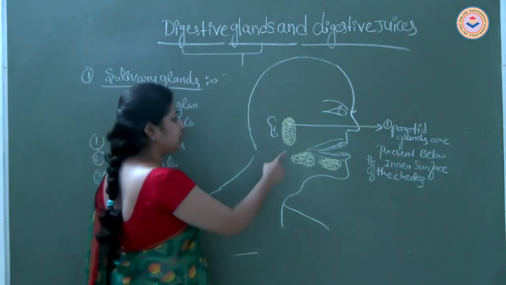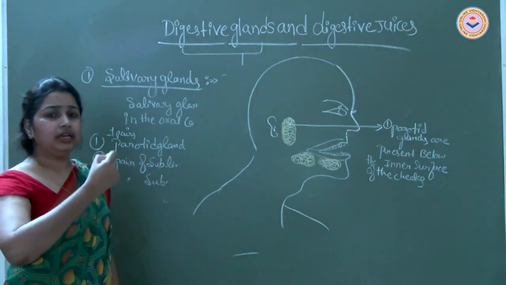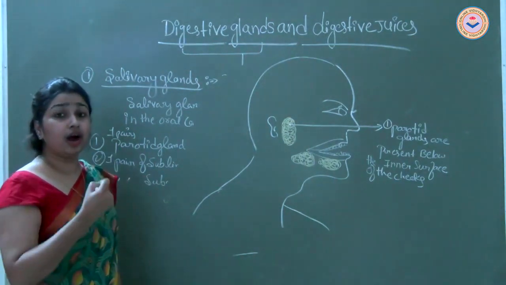Their duct opens into the oral cavity near the third molar of the upper jaws.